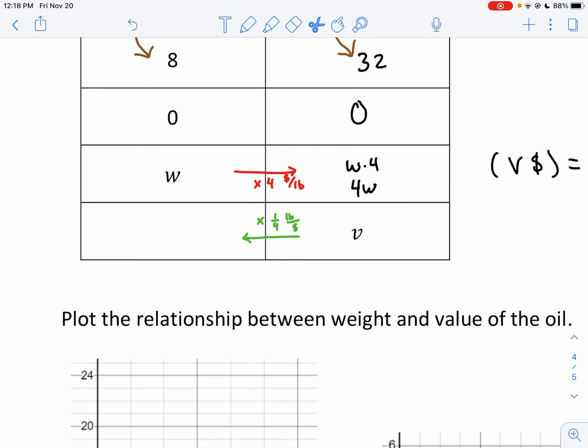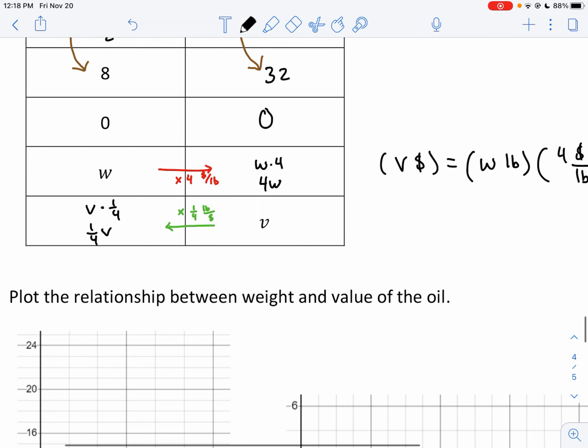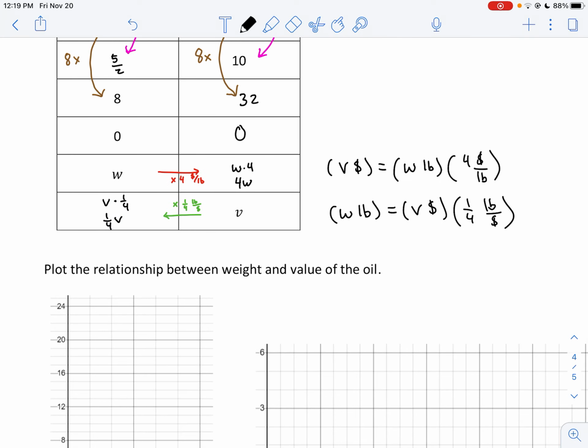But numerically, it's the same thing as just 4 times W. And then, of course, if you want to go the other direction, do that. If I know V and I want to find W, then multiply by 1/4. So I would say V numerically. In other words, we're saying that to find the weight in pounds, W pounds, I take the value in dollars and I multiply that by the 1/4 pounds per dollar to get the correct weight.